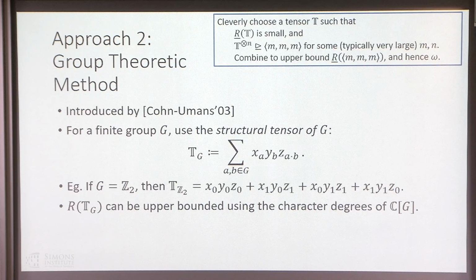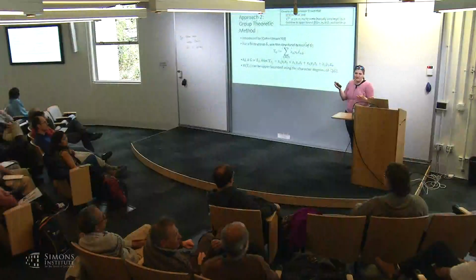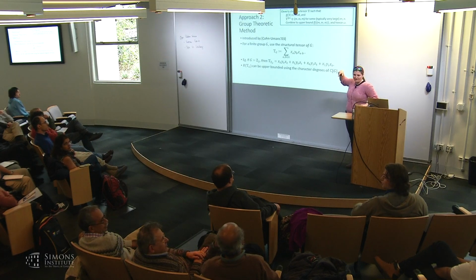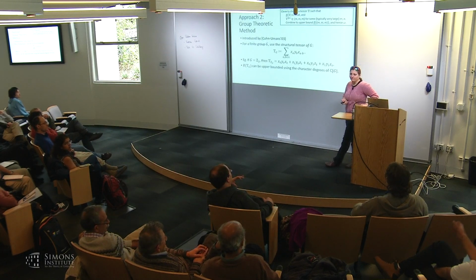And what do you mean by character degrees? So you can use representation theory to take the tensor here and represent it as block tensors of matrix multiplication, and then if you take the character degrees, the rank is upper bounded by the sum of the degrees to the omega. By character degrees, you mean the dimension of the representation?